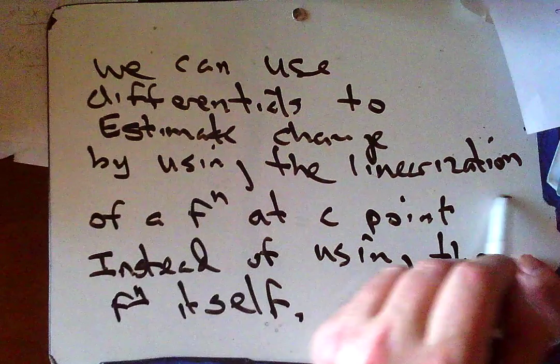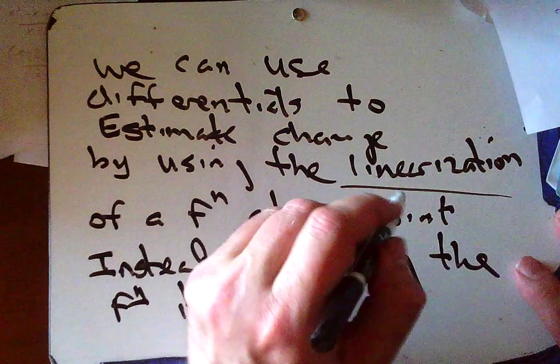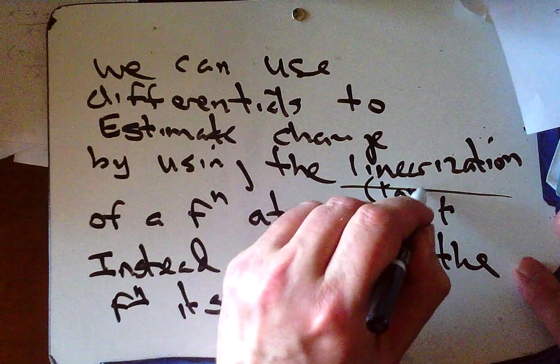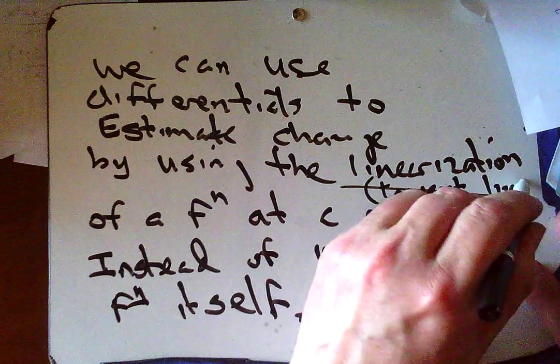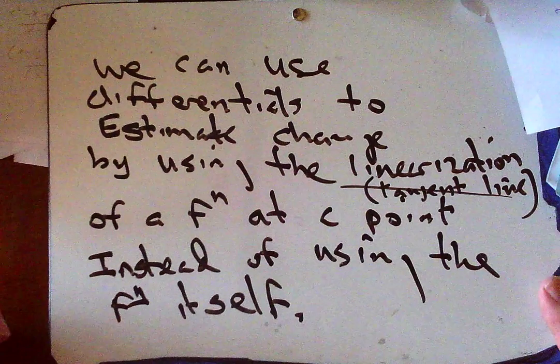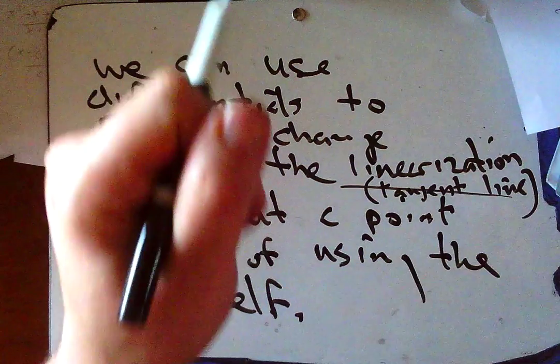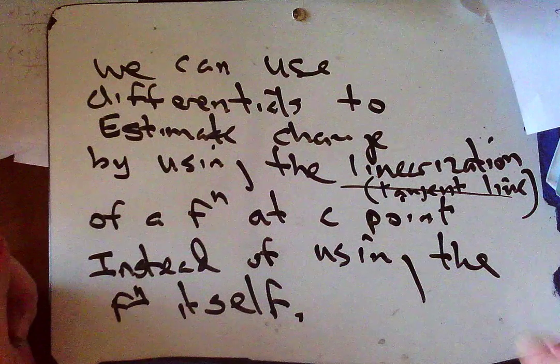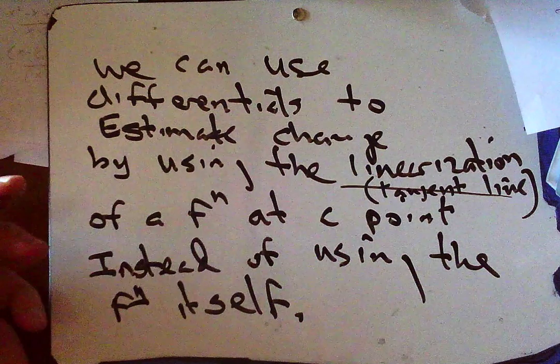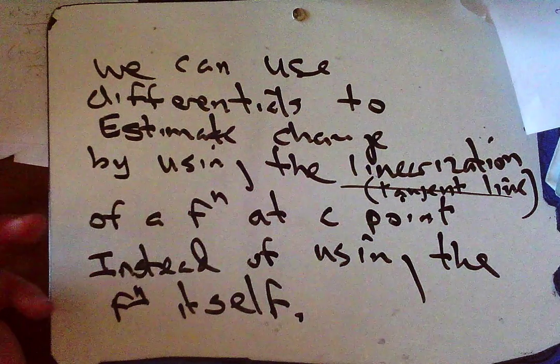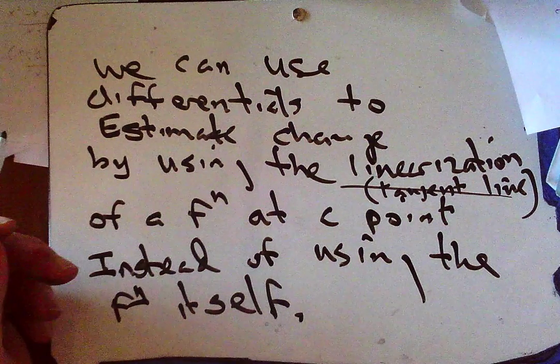Well, linearization, think tangent line. Remember when we did the microscope worksheet? Well, if you zoom in on that curve enough, you will see that the curve looks like a linear equation.